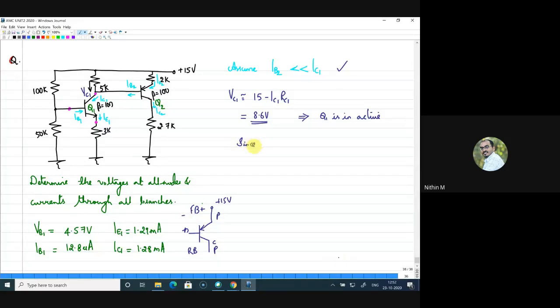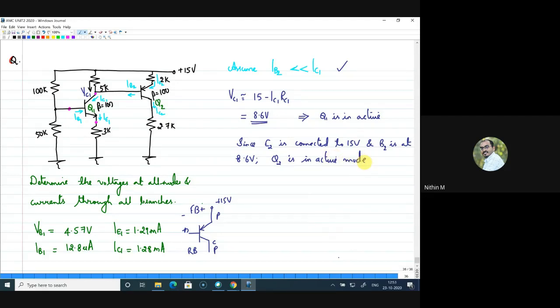So I will make that point here. Since emitter 2 is connected to 15, which is much higher, and base 2 is at 8.6, it is safe to assume that Q2 is also in active mode. Again, at the end of this numerical, we will validate this also.